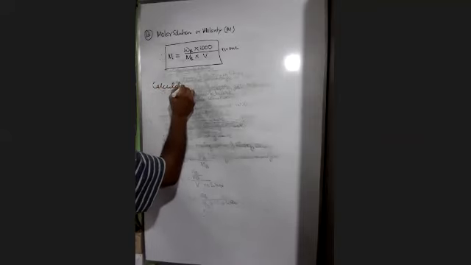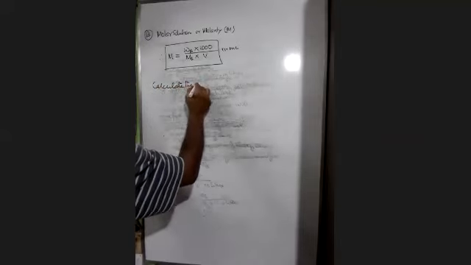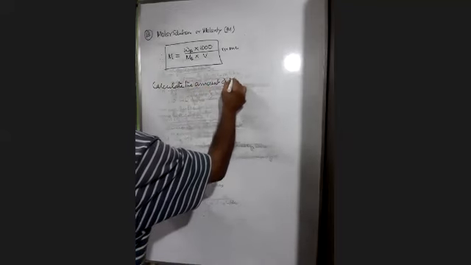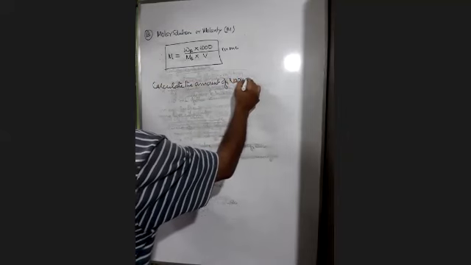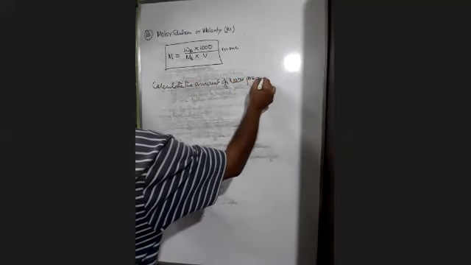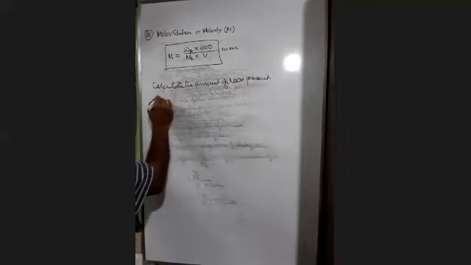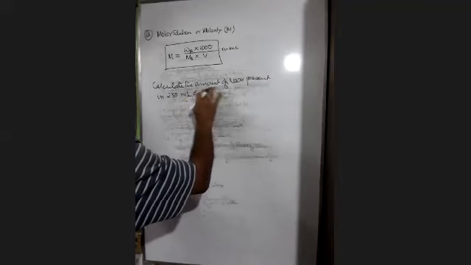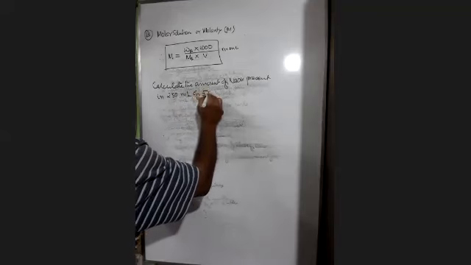Okay, we'll do a simple sum. Calculate the amount of sodium hydroxide present in 250 ml of 5 molar solution.